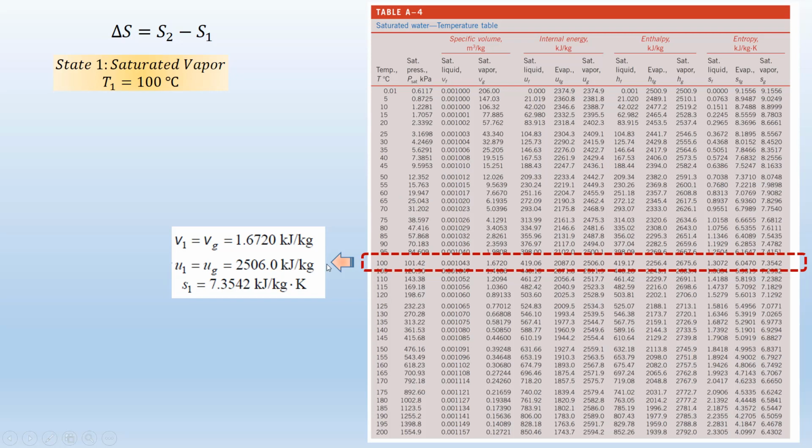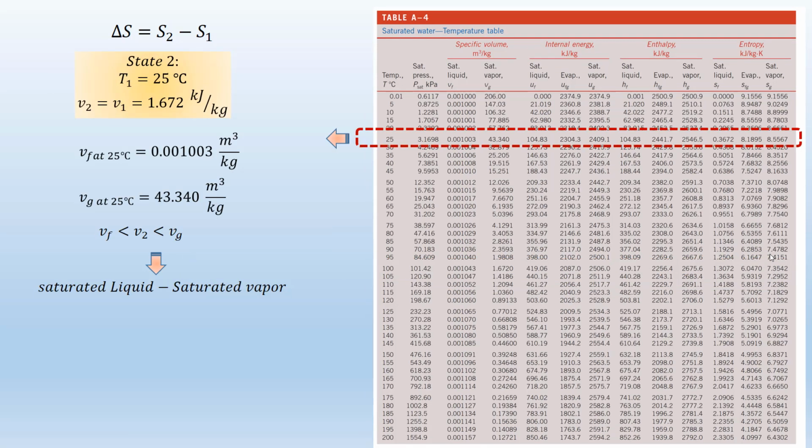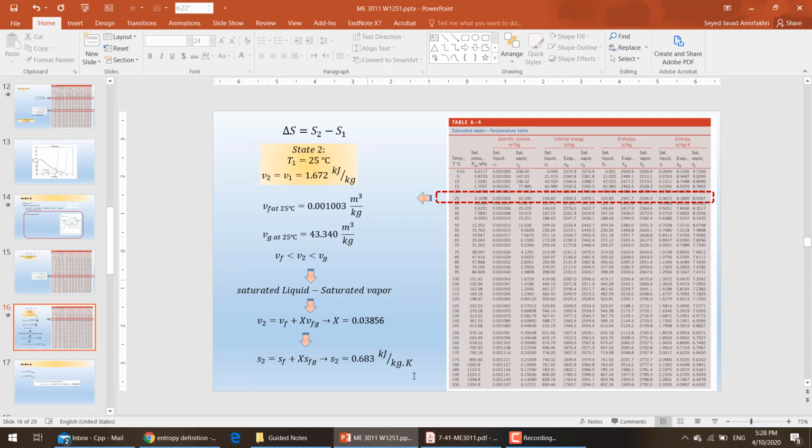This is saturated vapor, so you can report s_g. To calculate S2, you saw that state 2 is a saturated liquid-vapor mixture, correct? Because ν is between ν_f and ν_g. So what you can do is write S2 equals s_f plus x s_fg. Please pause this video, spend 2 minutes, calculate S2, and then substitute into this equation to find the ΔS.